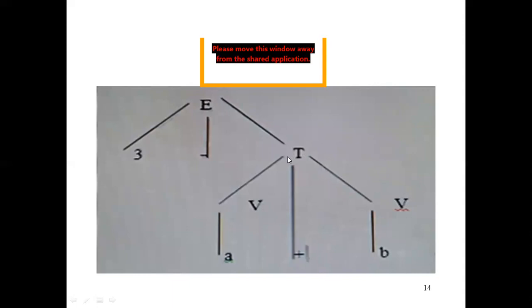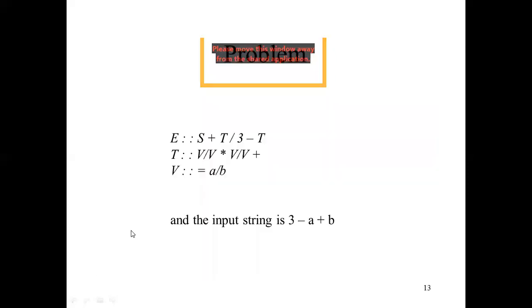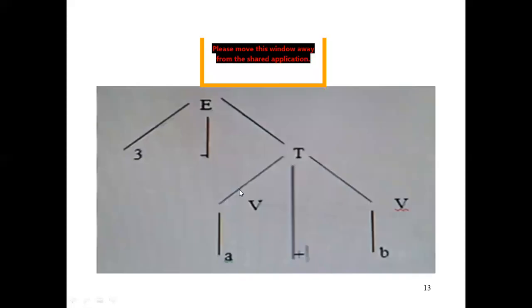Then T we are going to divide as V plus V, because we want to achieve A plus B. We could choose a single V, or V star V, or V plus V, so we have to choose V plus V. We replace V with the operator symbol and V, that is the third option.